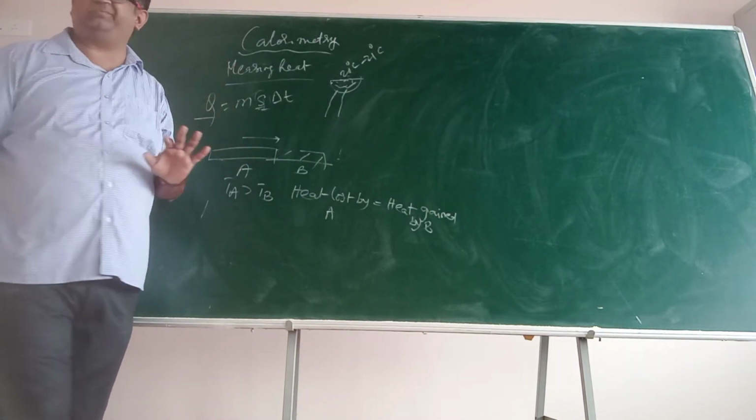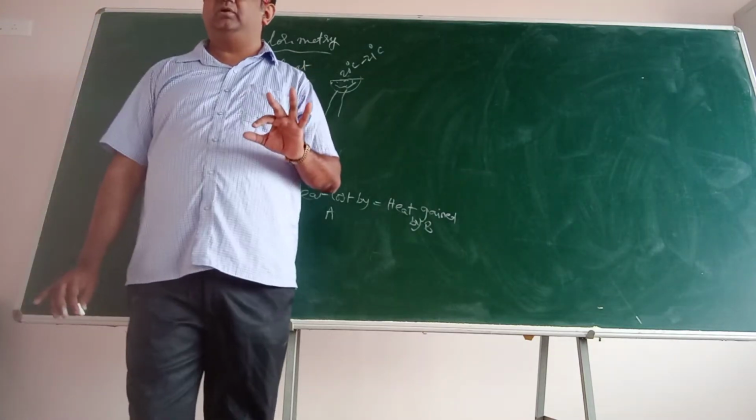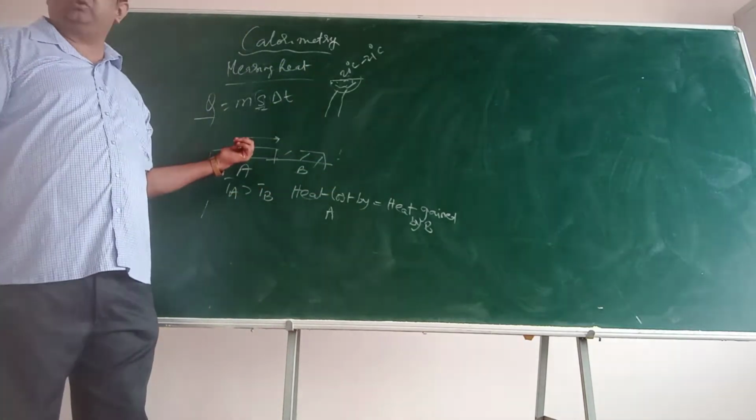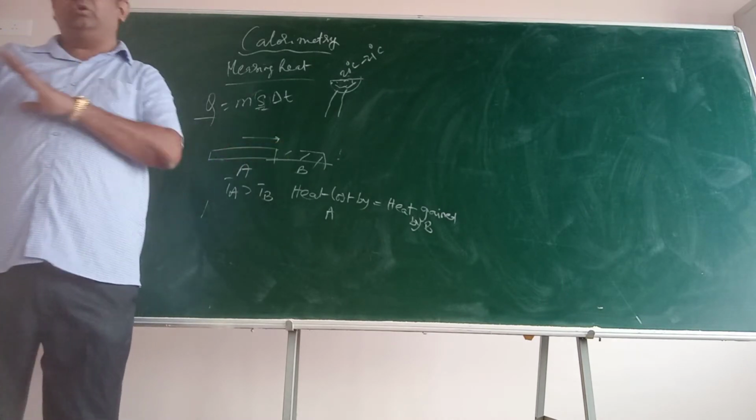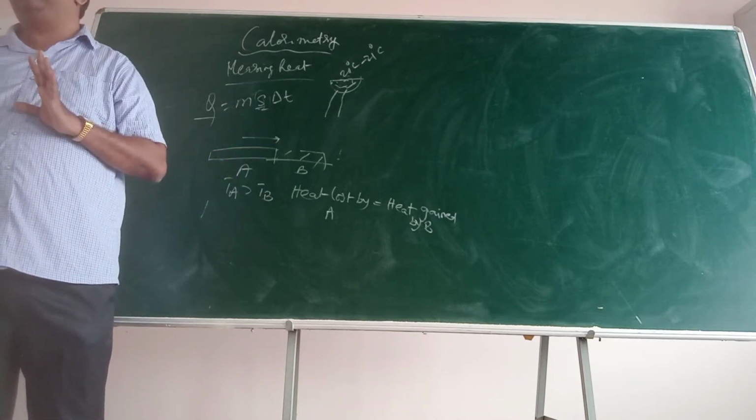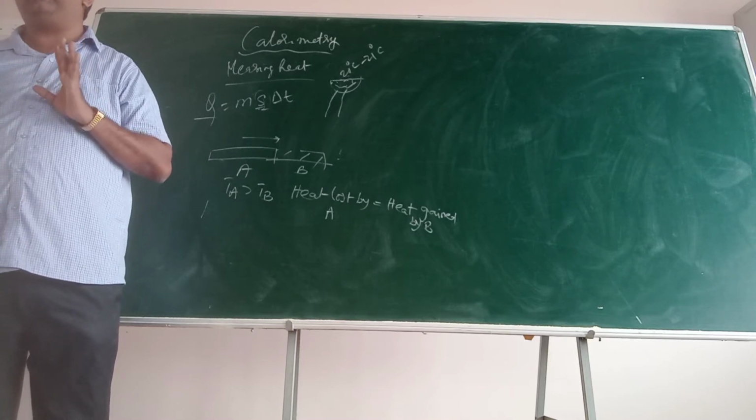You have 3 states of matter: solid, liquid and gas. Before heating this was solid, and after heating also it is solid. Now solid to liquid also heat transfer can happen.